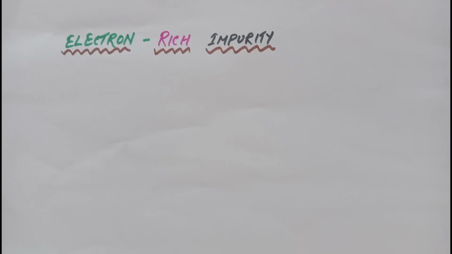First is the electron rich impurity. There will be an excess of electrons, that means higher negative charge. In this process, an intrinsic semiconductor is added with an electron rich impurity to increase its conductivity.